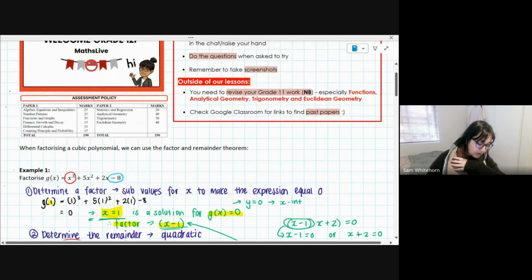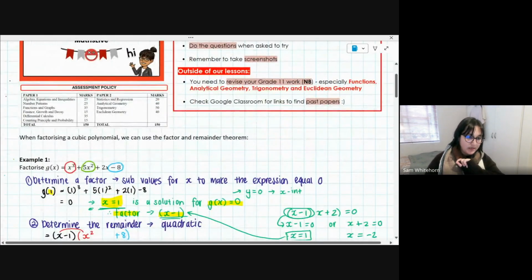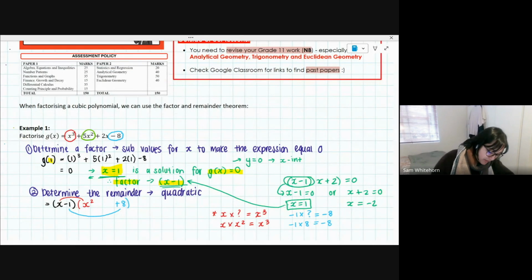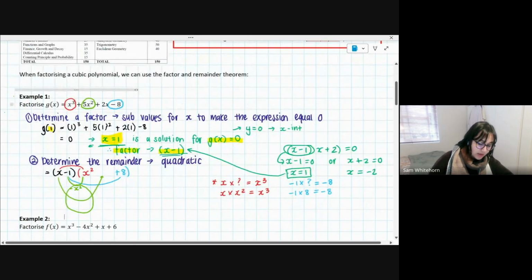I now have a look again at my original cubic and I see, okay, I have to get a 5x squared. Go back to what I have. If I multiply -1 times x squared, I get -x squared. I now need to figure out what my second product needs to be so that when I add these two products, I'm going to end up with positive 5x squared.